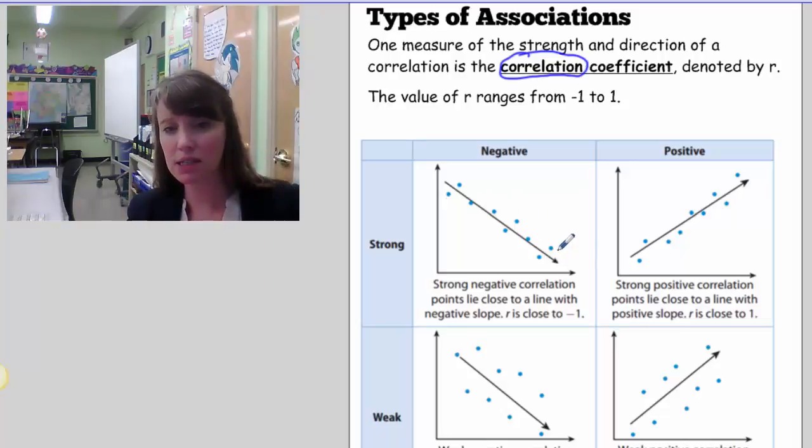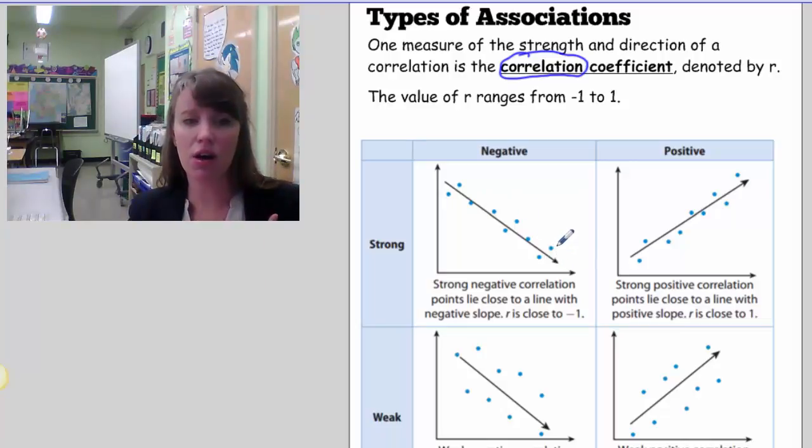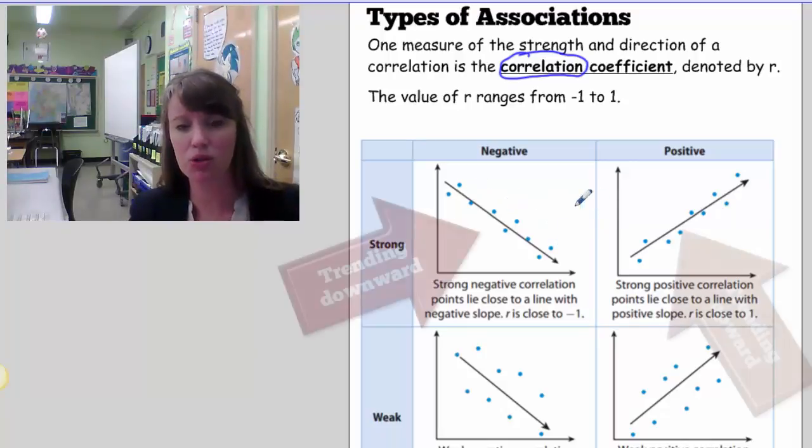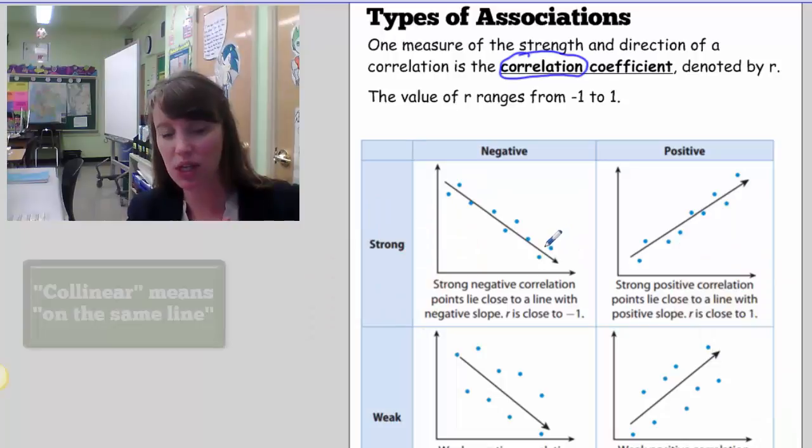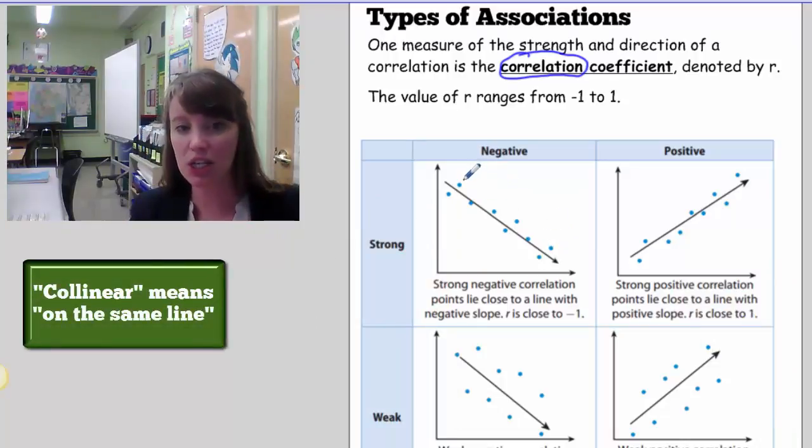So what we say in statistics is that the relationship is trending. It's trending upward or downward. We say that it's clustering around a line. But in statistics, we're never going to see all the points exactly collinear. It's just that there's a relationship between the points, that they look like there's a pattern here, okay?